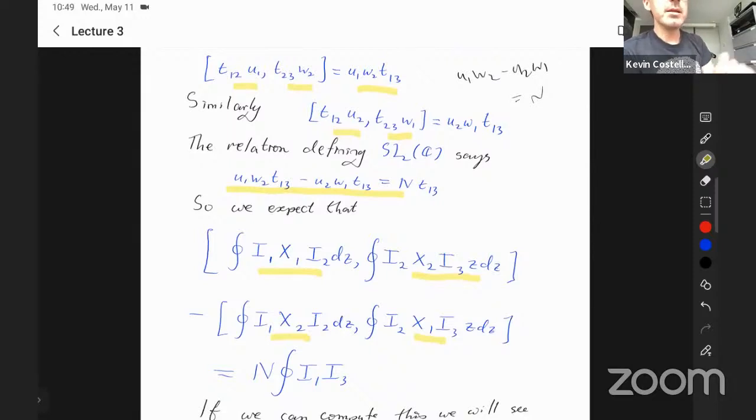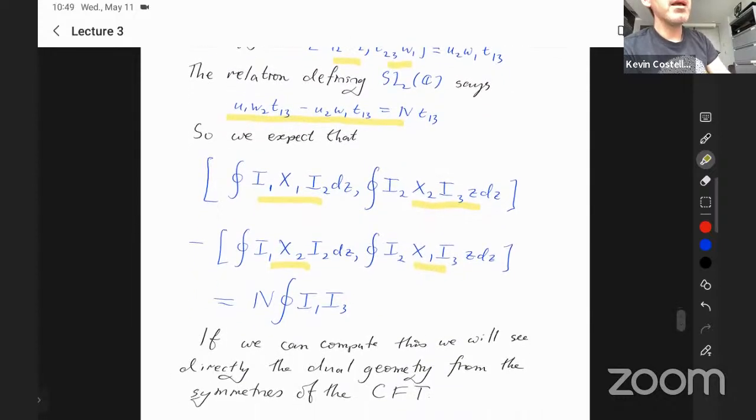We're going to do this computation in a minute, and we find it works. What I find kind of cool about it is that here we're just doing some computations in the mode algebra of the CFT, and we're seeing that holomorphic functions on the dual geometry appear, like the defining relations. Okay, so let's go and do this computation.